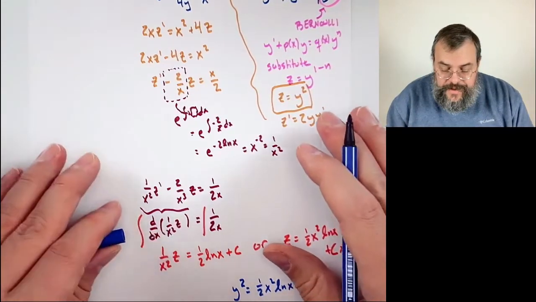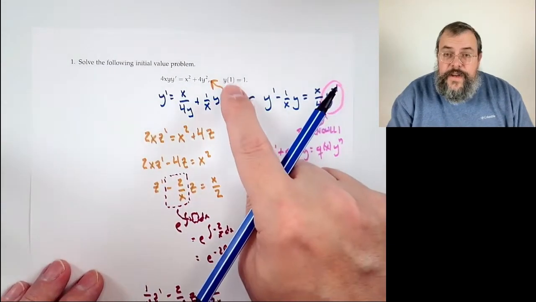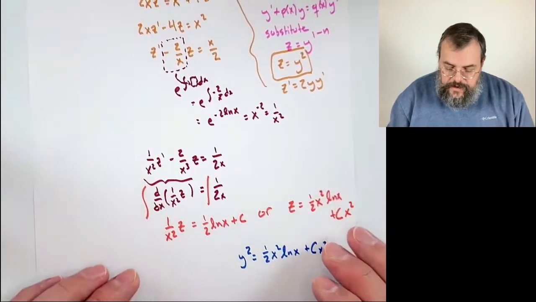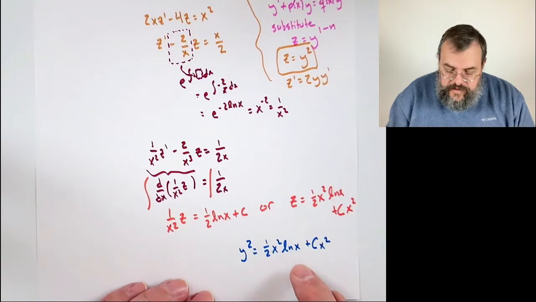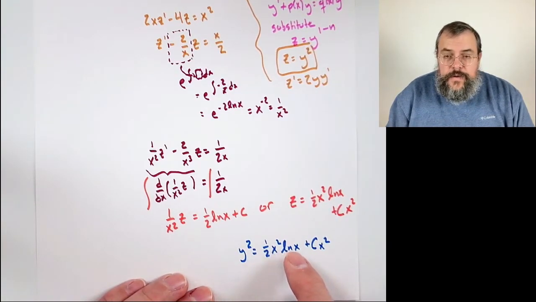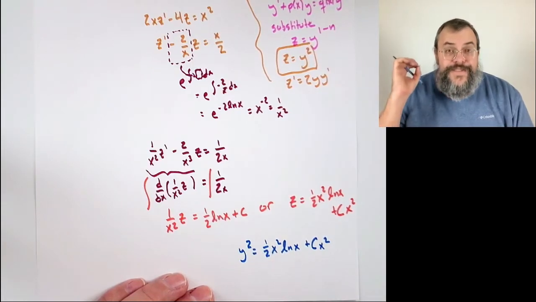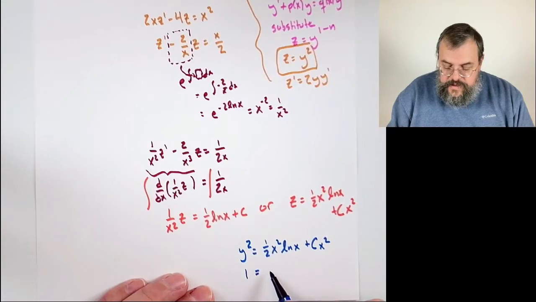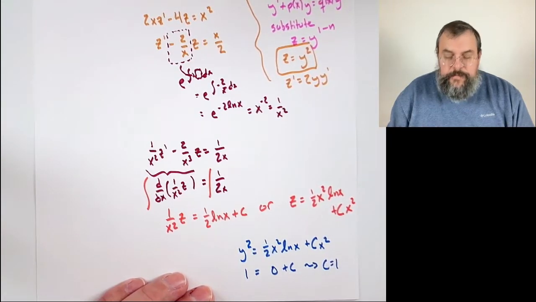But remember, this is an initial value problem. y of 1 equals 1. So now we can plug in x equals 1 and y equals 1. Now, when x equals 1, natural log of 1 is 0. That term goes away. So we end up with 1 is equal to 0 plus c. Okay, great. So c equals 1.